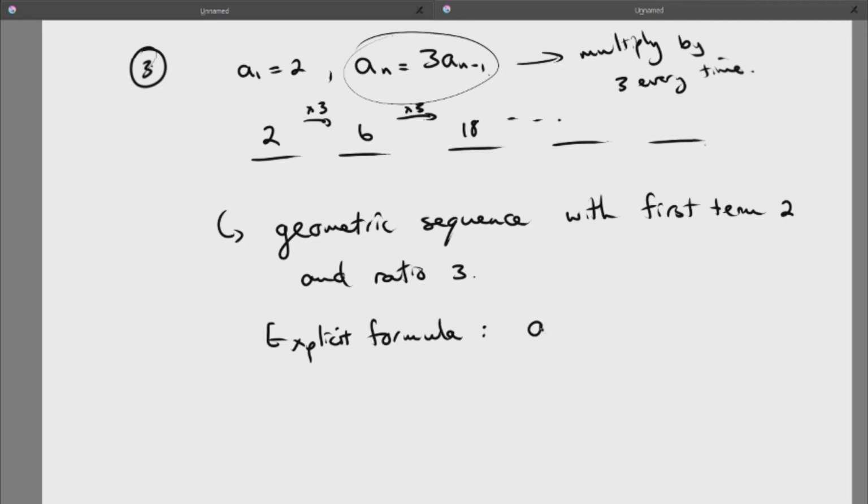I memorized that as an equals first term times ratio to the power of n minus 1. You can put brackets around it, but BEDMAS tells you the exponent comes first, then the 2 is multiplied.